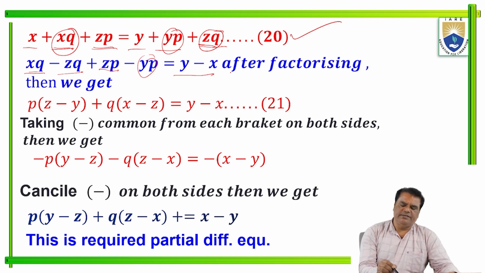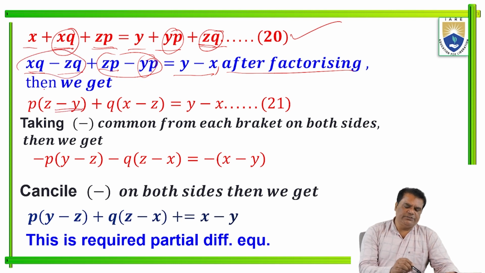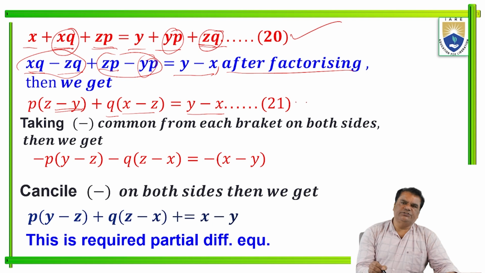After factorizing, p is common in this term: p(z minus y), and q is common in this term: plus q(x minus z), and equal to y minus x. This is equation 21.